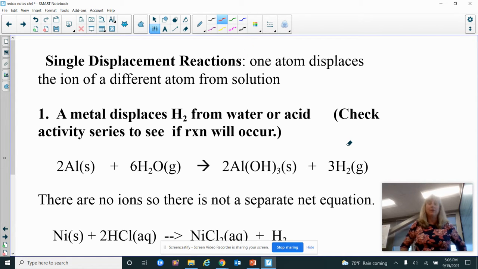So if you're given a metal in water, you know that the metal is going to be replacing the hydrogen in water and combining with the hydroxide. So, like this one here, always think of water as HOH in reactions.